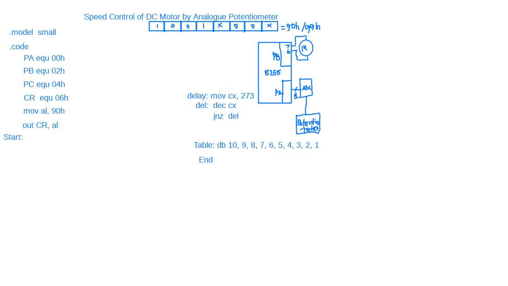Okay, so outside this loop, we need another register BL. So decrement BL, jump not 0, delay. Okay, so one more line we need.